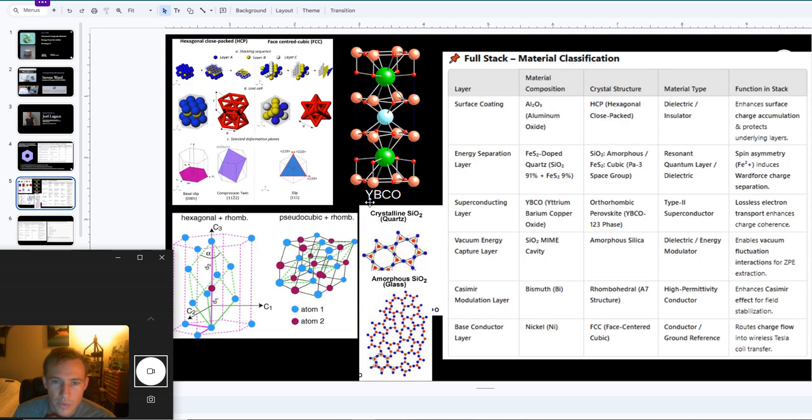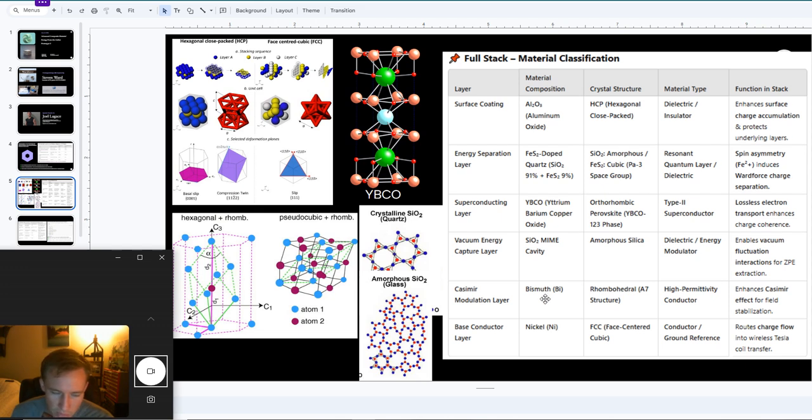So here's a full stack material classification, so you can kind of go through here. We have a base conducting nickel layer, use all those pennies or whatever. You have a face-centered cubic structure, and this routes charge into the wireless Tesla coil transfer.